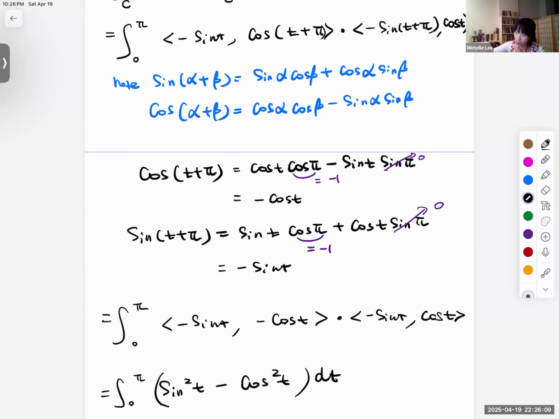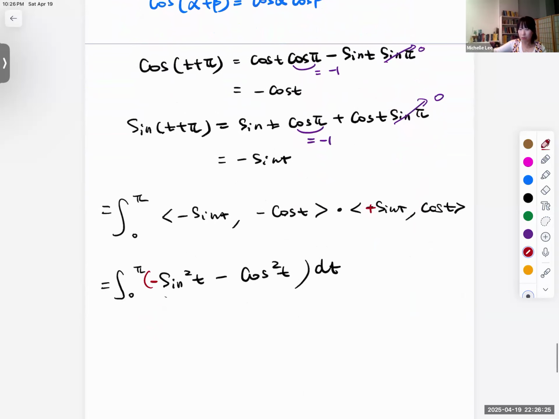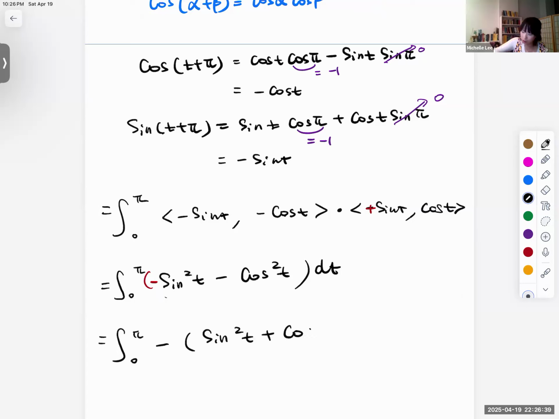So this will be positive, then there will be negative. Then we can factor out a negative sign. So there will be, from 0 to pi, negative, factored out, sine square t plus cosine square t dt.